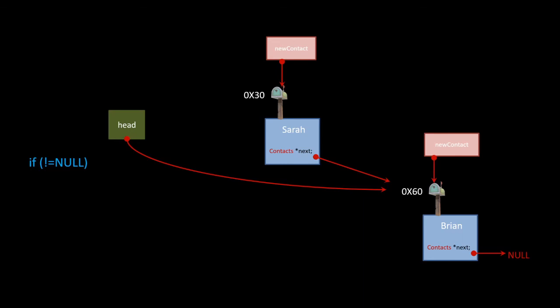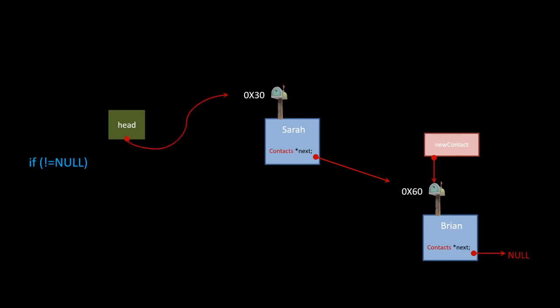So now you have head and Sarah both pointing to where Brian's node is. Now the new contact will fall off, and head now points to the address of Sarah. And thus begins the cycle again if I want to add more.